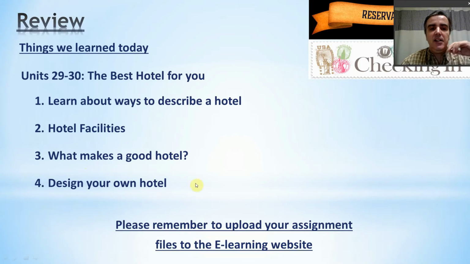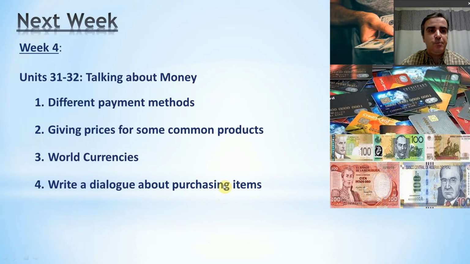And at the end here, you've designed your own hotel, and I really look forward to reading what you have created. So, everyone, please remember to upload your assignment files to the e-learning website. Remember to check them before you submit them.